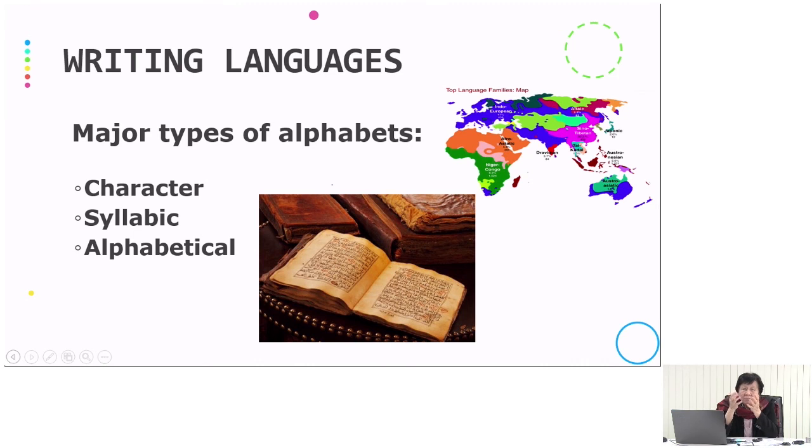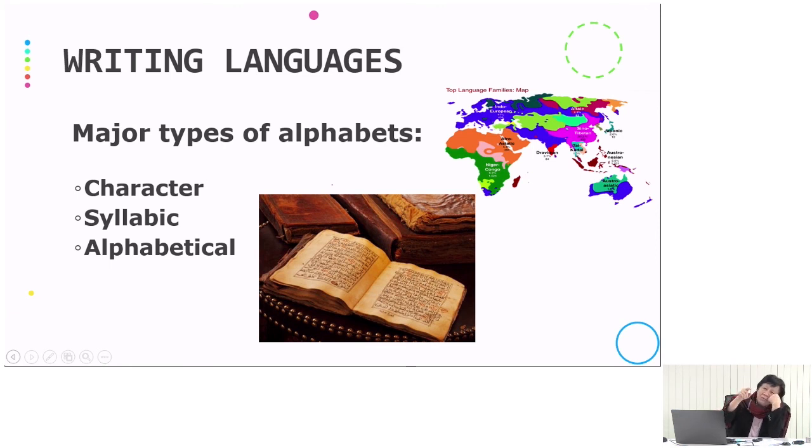The rest of the countries, most of the countries, use alphabetical alphabets. You write one by one, like the Thai writing language, and English. We call it alphabetical alphabet.